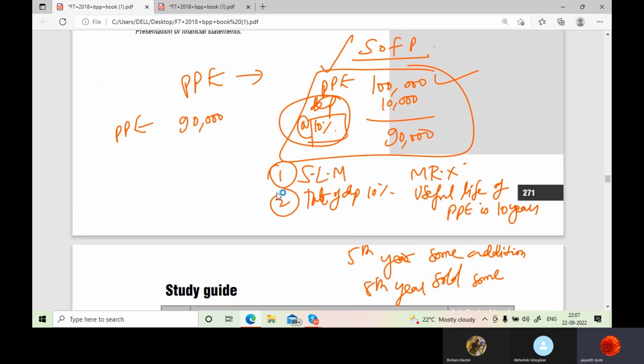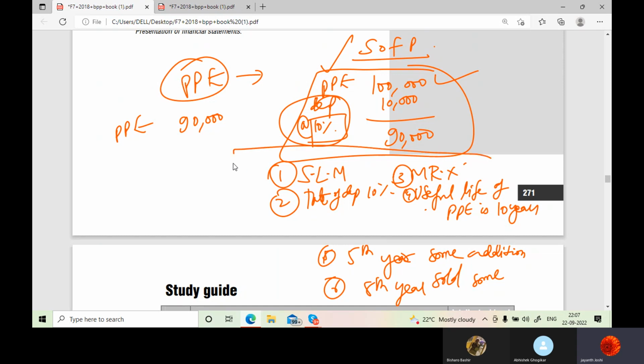Information number 1, 2, 3, 4, 5, 6. So there is various information available for that particular asset, which you cannot write on the face of the statement. You cannot show it in the statement of financial position or balance sheet.